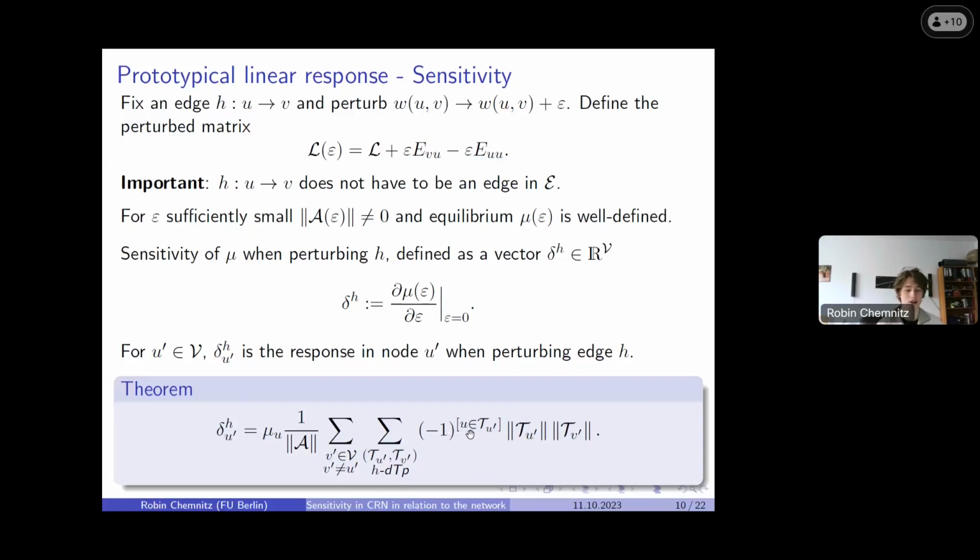And then we have this -1 to this Boolean term. Remember, this was 0 or 1. So this just tells you whether this term is positive or negative. So actually what we have here is some normalizing factor in the front, and then we sum over all h-divided tree pairs, and these h-divided tree pairs either contribute positively or negatively, depending on how they are in relation to the edge h.